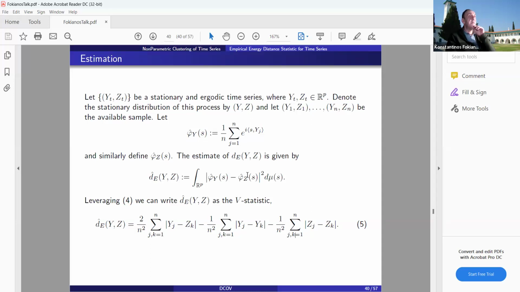Then we take the sample, the estimate of this is given by this, and as before, we can write this as a V-statistic based on this form. So these are just ordinary distances between y and z, and you can actually calculate very easily, and all this complicated expression can have a very closed form expression, which is nice.